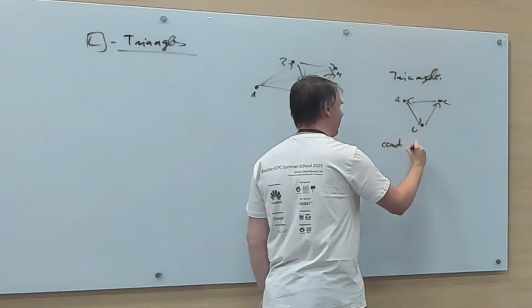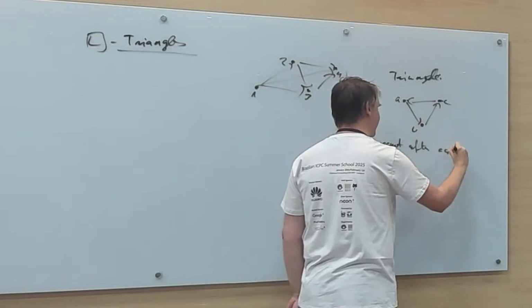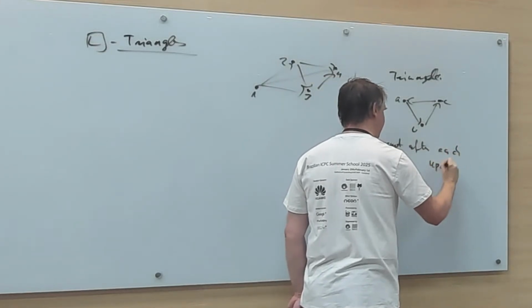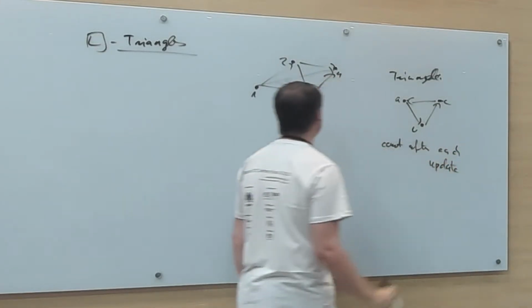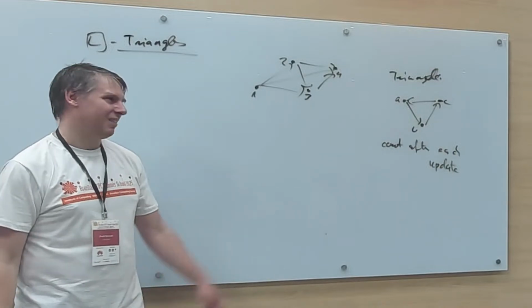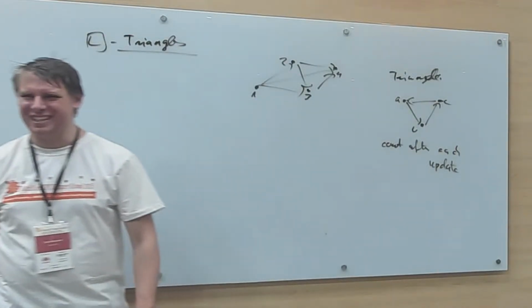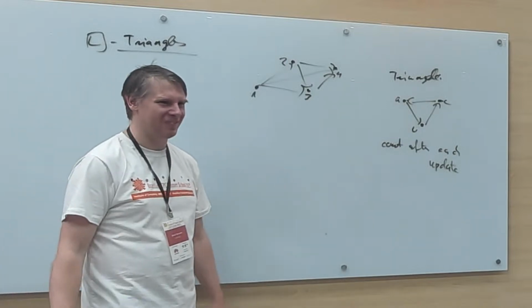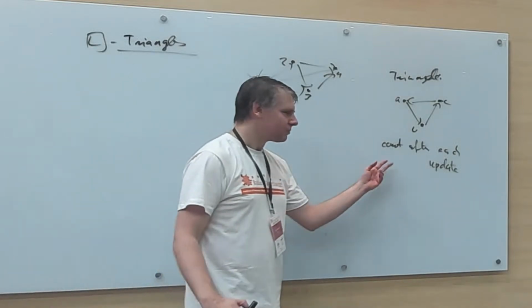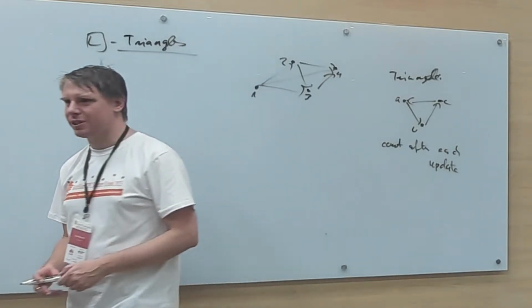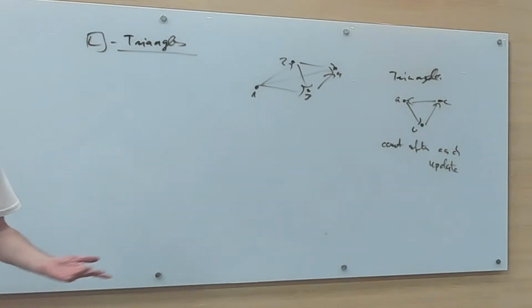Count after each update. Okay, well, by construction, you know that initially there are no triangles, but that can change quickly if you start performing updates.